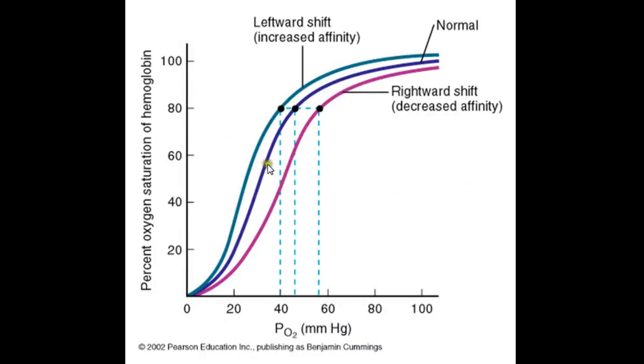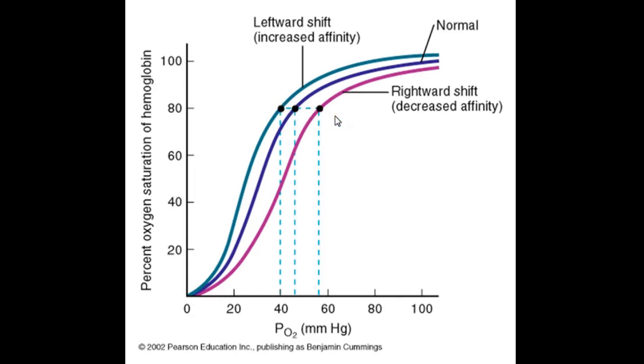Now this is a typical oxyhemoglobin dissociation curve. Right. Now this central curve is the normal position, but during the respiratory cycle this curve shifts to the right or shifts to the left.